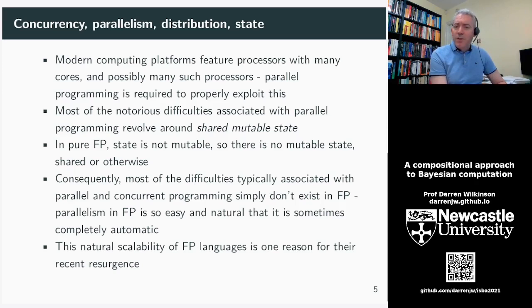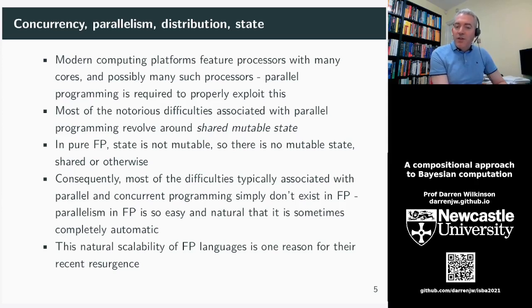But in pure functional programming, state's not mutable, so any state that's shared is not mutable, so you don't have this shared mutable state problem at all, right? So 95% of the problems with parallel computing just disappear when you use a pure functional language. Okay, and so that then is a real selling point for functional languages.